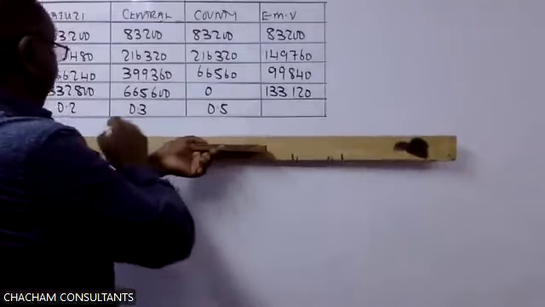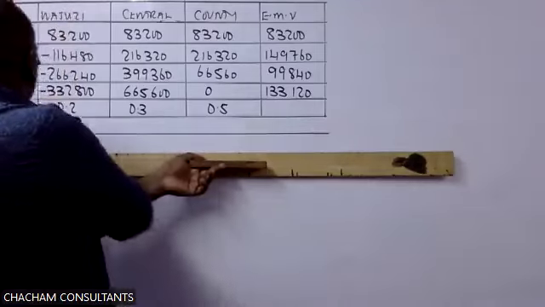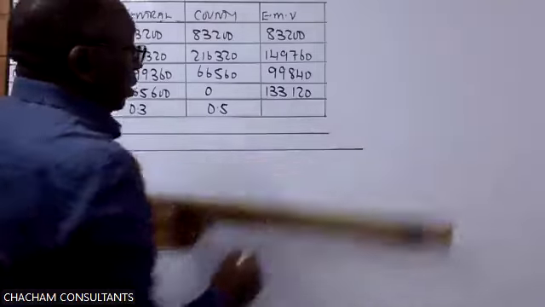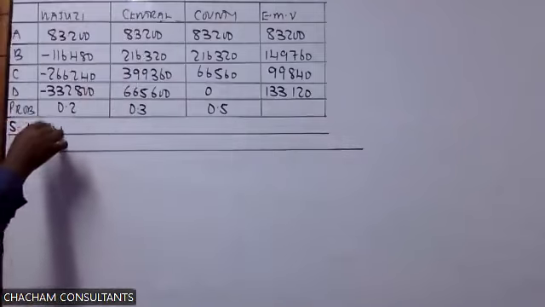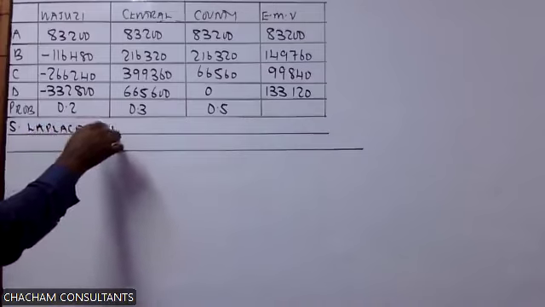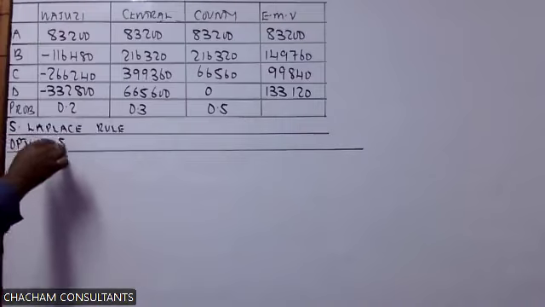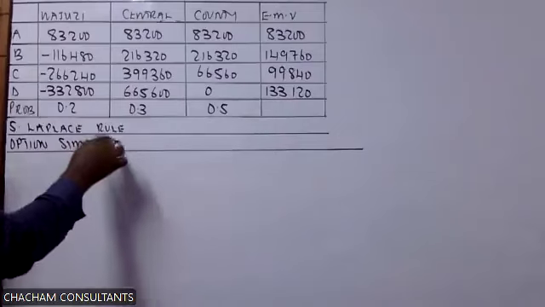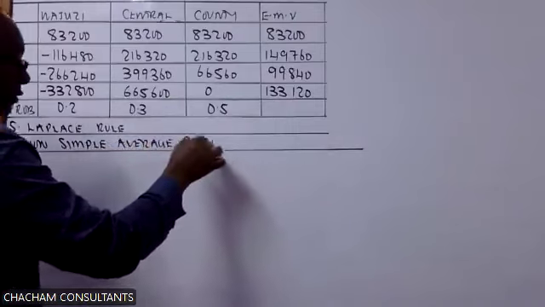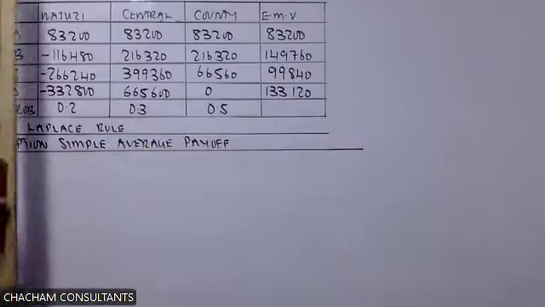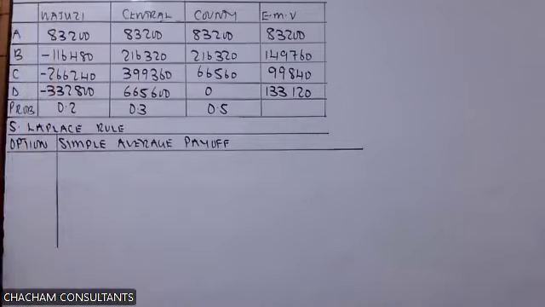So number 5 is called Laplace's rule. Now in Laplace's rule, we have the option here. Then we compute something called simple average payoff.